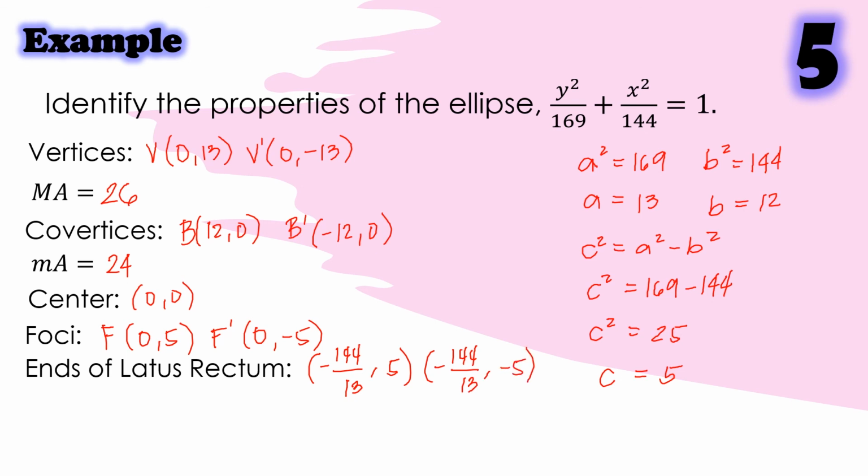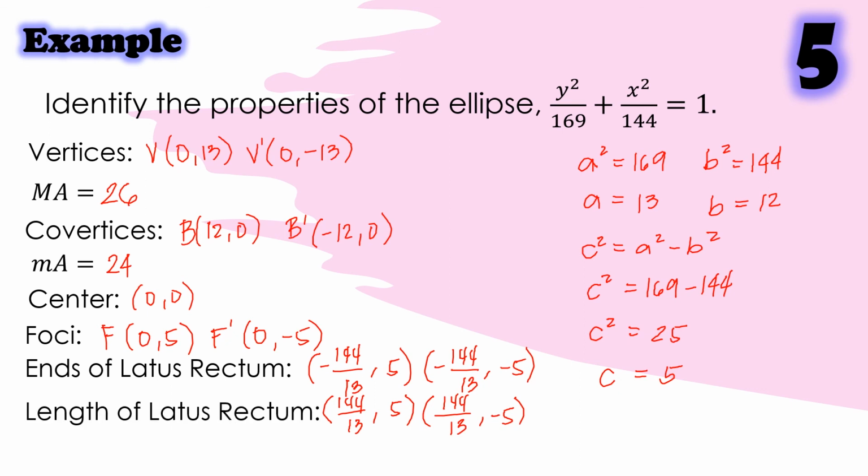Also, we have 144 over 13, 5, and 144 over 13, negative 5. From the ends of the latus rectum, we can get the length of the latus rectum as equal to 288 over 13.